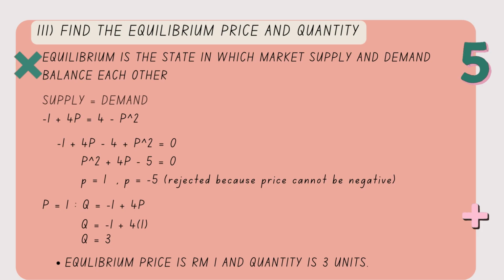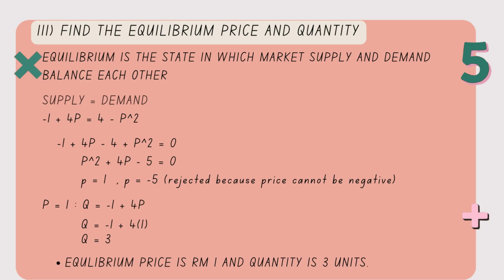So, using the functions given, we should set the supply function equal to the demand function, where it will be negative 1 plus 4p equals 4 minus p to the power of 2, where we will get the answer p equals 1 and p equals negative 5. Now we have to reject the negative 5, because as we have discussed, p is price and price cannot be negative.